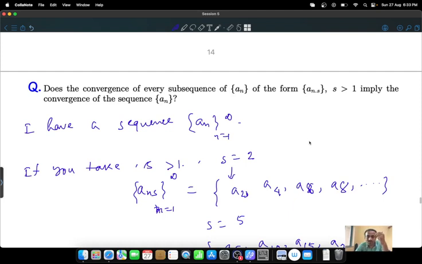Actually, in the question, convergence of every subsequence of a_n of the form a_{n^s}, s greater than 1, to the same limit, implies convergence of the sequence a_n. Okay, so now I have got it. Now you are not considering all possible subsequences, only subsequences of this particular form.